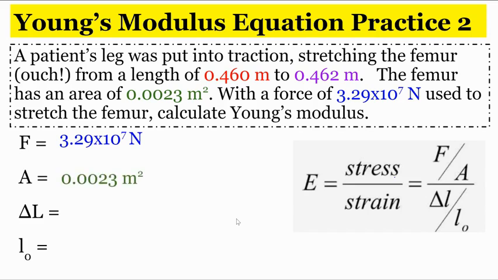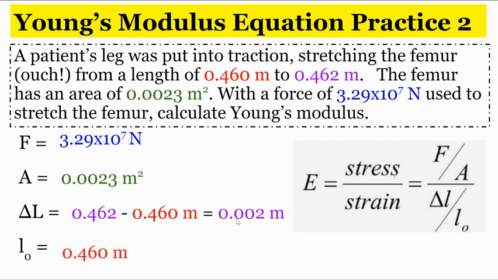Our area is 0.0023 meters squared. Our change in length is the difference between our original and final measurement, or 0.002 meters. And our original length is 0.460 meters, our starting length of the femur.